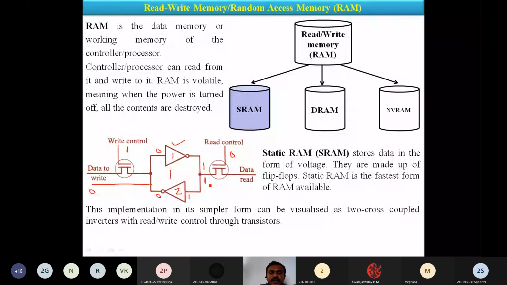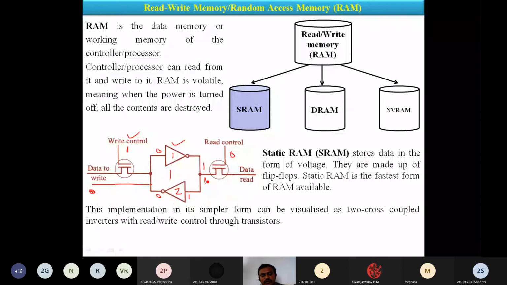This is writing the data. Is the data read line having any value? No, because the read control is in the off state. This transistor is acting as a switch, and this switch is off, so whatever data is in the memory cannot be read by the data read line.